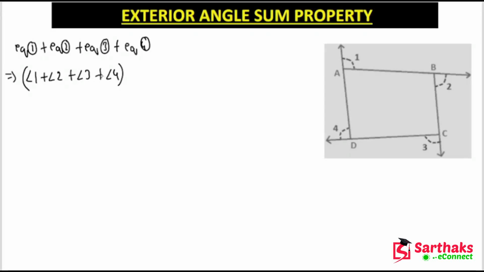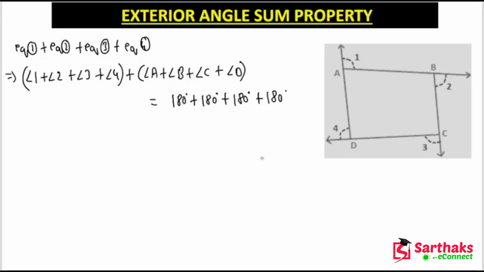I have taken all these angles together and we will also get angle A plus angle B plus angle C plus angle D is equal to 180 degree plus 180 degree plus 180 degree plus 180 degree. Okay, so we have got this.